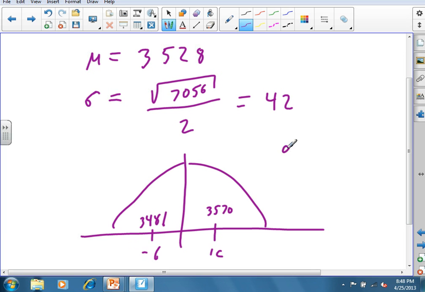So the problem is asking for plus or minus 1 standard deviation. What's the probability of being in there? 68%.